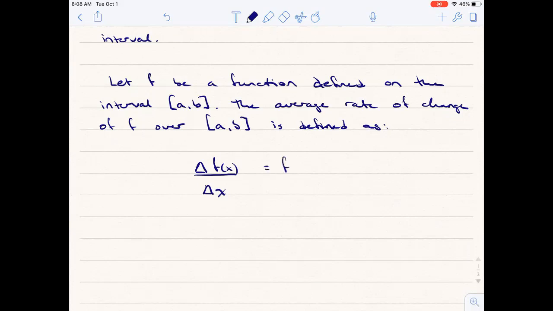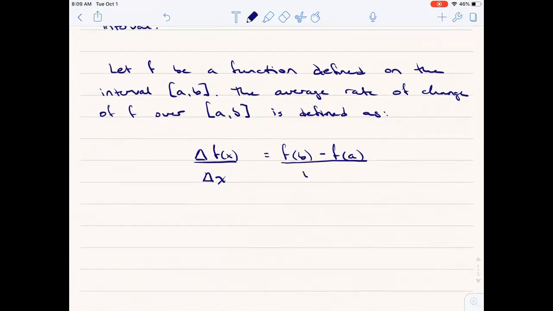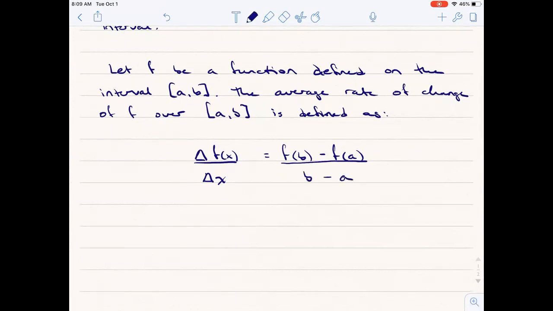But we can rewrite it as f evaluated at b minus f evaluated at a over b, which is the x at the second point, minus a, which is the x at the first point.